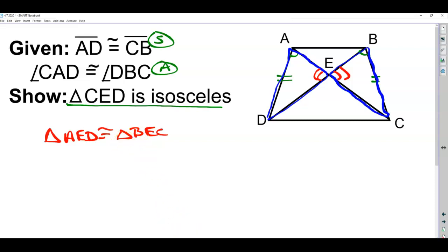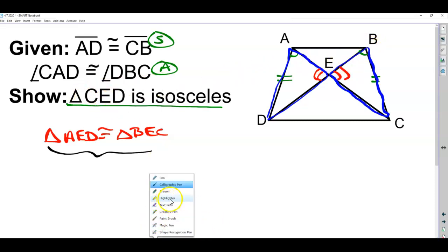But wait a minute. I just showed, or in a sense, proved that the triangles are congruent. Because they're congruent, don't we know that all the other pieces in this triangle are congruent? So I could say that AE is congruent to BE, but what I want to focus on is what do I know from the congruent triangles that helps me answer the fact that this triangle is isosceles.